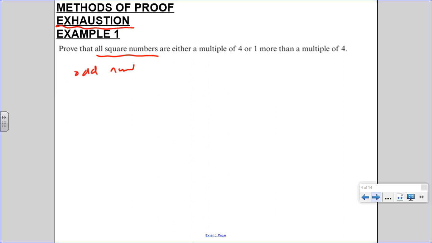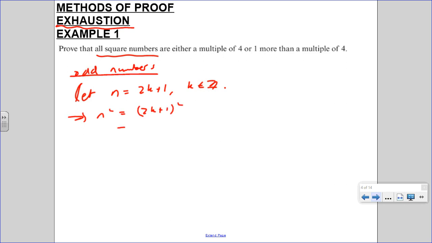So odd numbers first. Let's try this. Odd number squared means, so if we let n equal 2k plus 1 again, where k is an integer, then n squared is 2k plus 1 squared, which is 4k squared plus 4k plus 1.